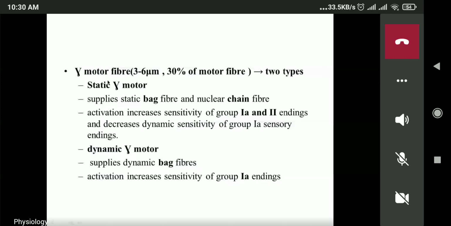Now we are talking about the gamma motor fiber. The gamma motor fibers are 3 to 6 micrometers in diameter. 30% of the motor fibers are gamma motor fiber, then 70% alpha motor.